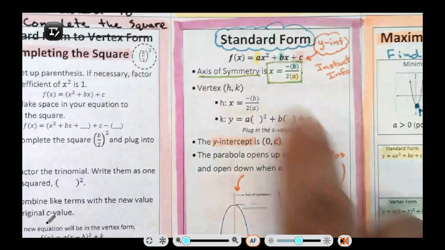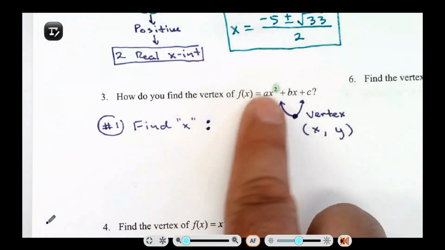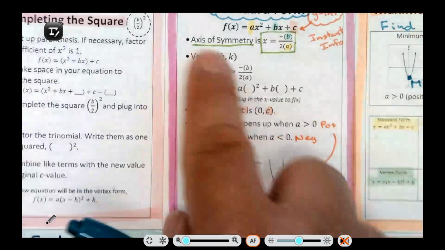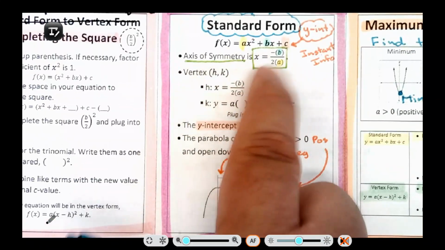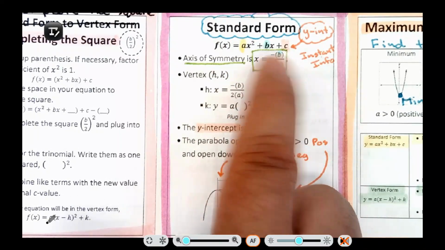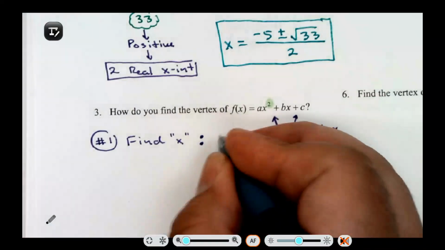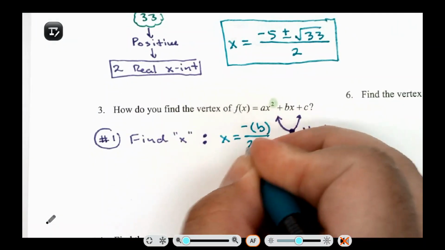There it is. This is standard form, A, B, C. Look at that, A, B, C, A, B, C. So it's this one. It says the axis of symmetry should be the first thing. There's the formula. X is equal to negative b over 2a. That's what I need. So x is equal to negative b over 2a.